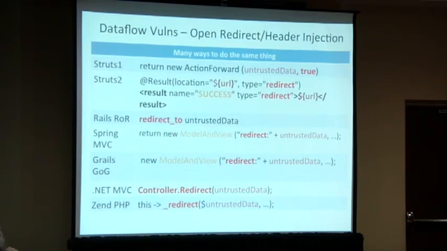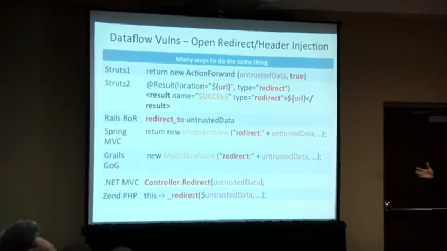All right, let's talk about open redirects or header injection if the framework doesn't encode. Every single framework has some kind of special way to send the user to a different website. So all of these methods here, if they're receiving untrusted data, are possible attack points for open redirects. Can anyone tell me why open redirect is bad?